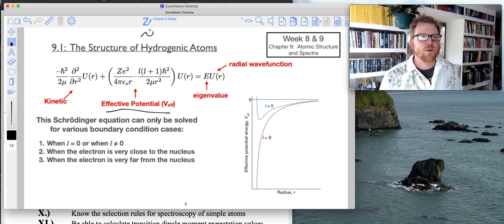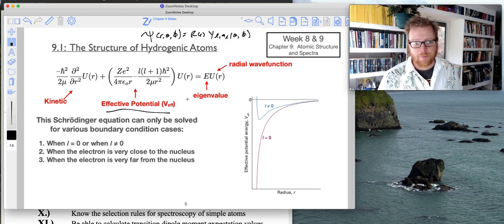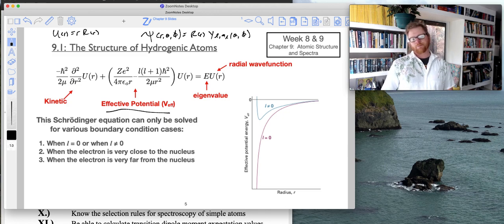Even so, I'll still remind you that my psi of r theta phi equals the radial component times the Y L M_L theta phi component. And I know that my u of r just equals r times R of r.